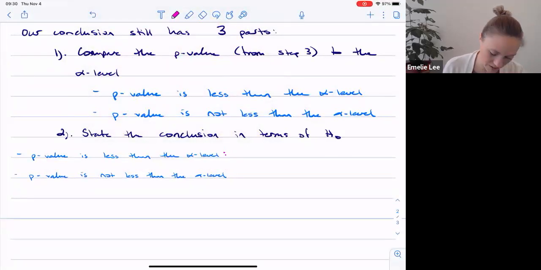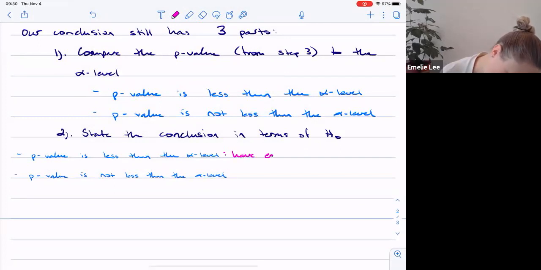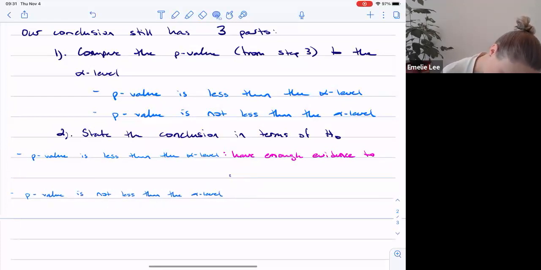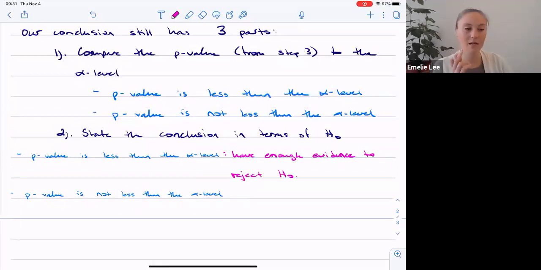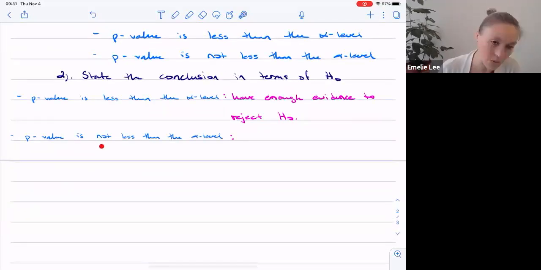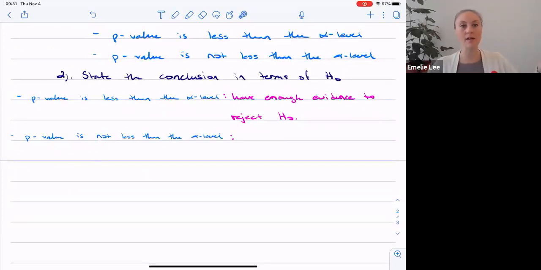So the first one, the p-value is less than the alpha level. You have enough evidence to reject H naught. Whereas if the p-value is not less than the alpha level, meaning that you're not past that threshold, you're close enough, you're kind of hanging out where those expected proportions are.